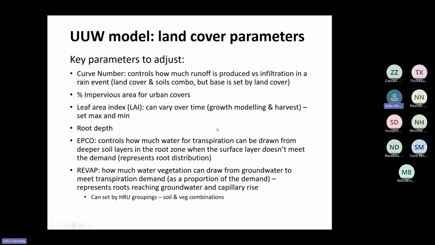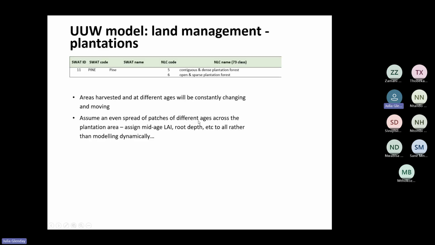I've been changing them a bit from the initial values, based on the ACRU database. In the name of time, I'm not going to go through all the changes for each type, but I'll provide that. But there are some other ones to consider.